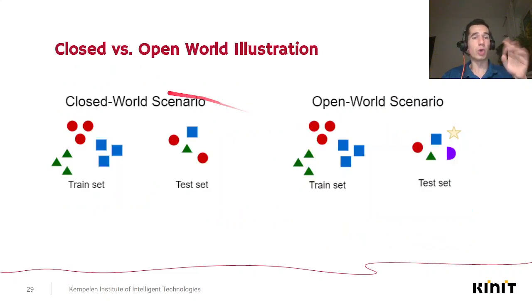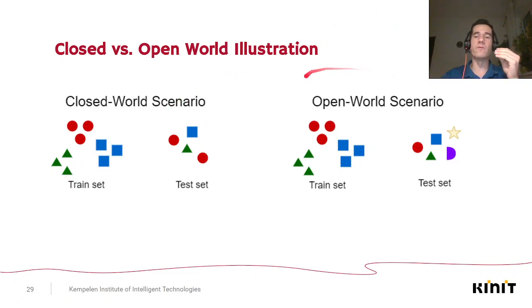So I promised you closed versus open world setups or illustrations. The closed world scenario means that there are the same classes in the test set. We see red, green, and blue as in the train set. So the model only receives the same classes during testing as it was trained on.